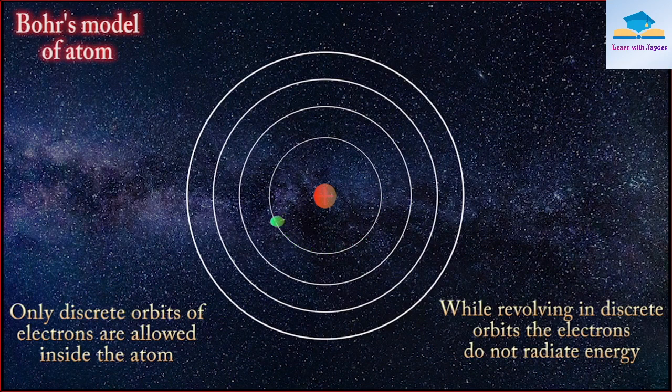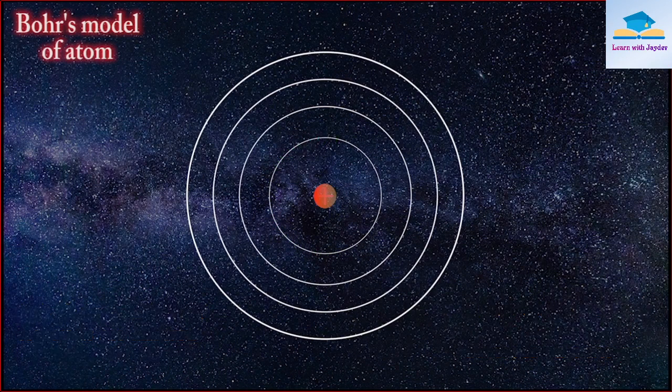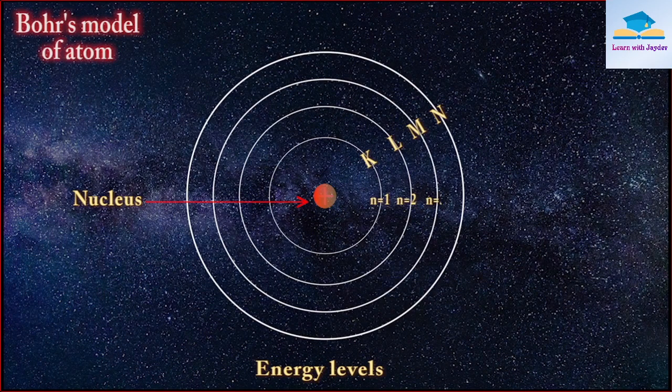While revolving in discrete orbits, the electrons do not radiate energy. These orbits or shells are called energy levels. These orbits or shells are represented by the letters K, L, M, N, or the numbers n equals 1, 2, 3, 4.